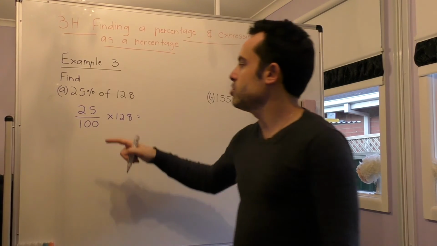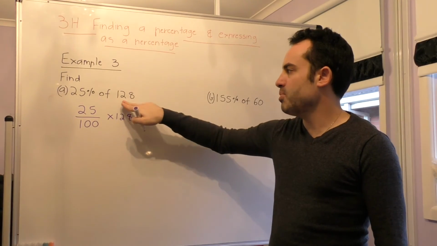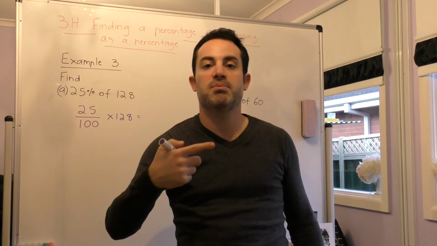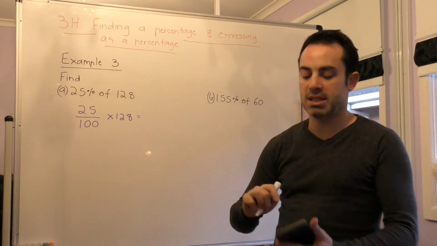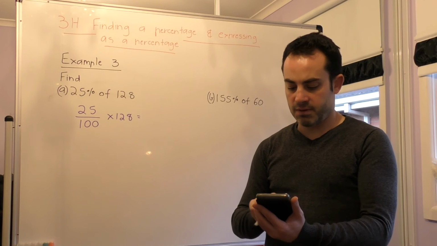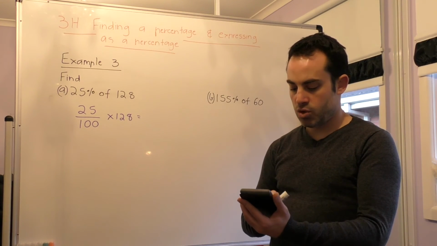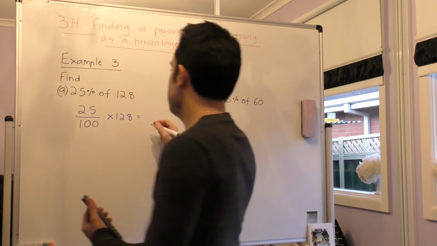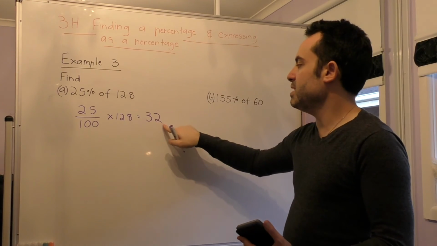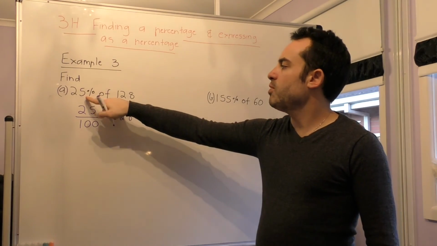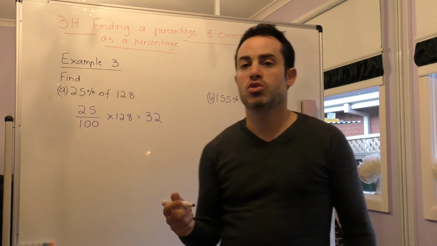So, your percentage amount, divide that by 100, times it by the number you're trying to find. You're trying to find 25% of 128, so it's 25 divided by 100 times 128. Over here, we do 25 divided by 100, so you should get 0.25, times that by 128, and you're going to end up with 32. Now, we don't put a percentage sign at the end of this, because they want us to find how much 25% of 128 is. It's going to be 32, not 32%.